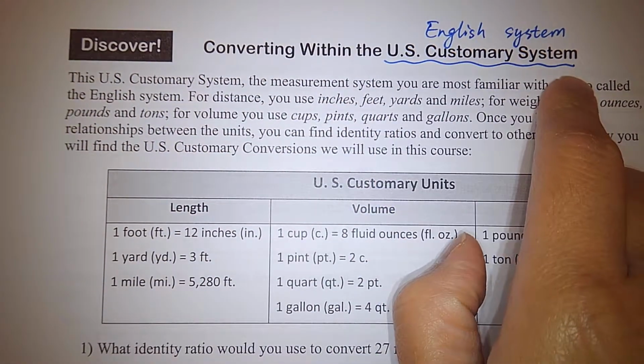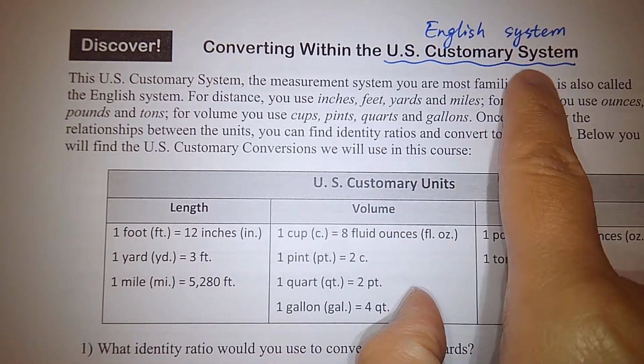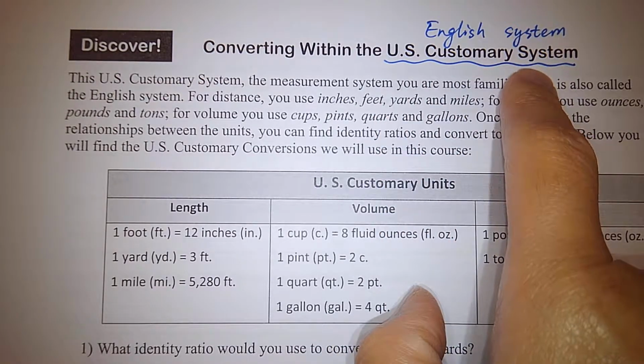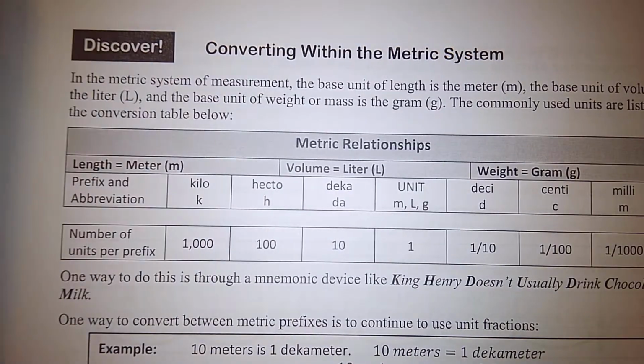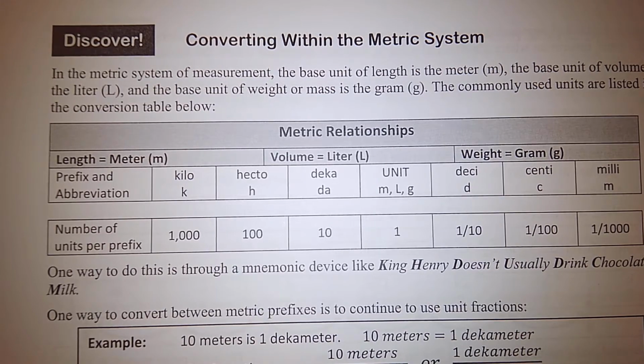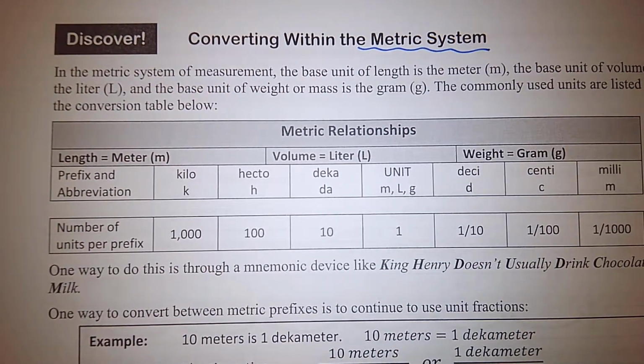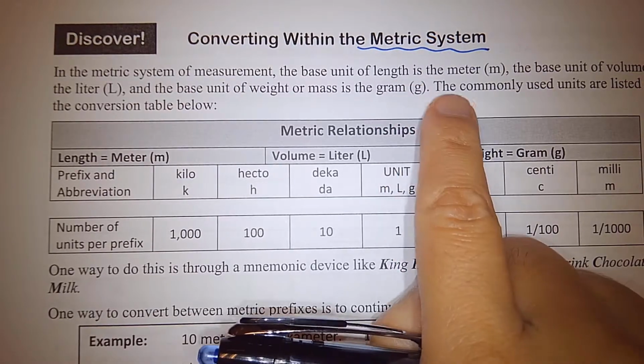The U.S. customary system is not the unique system in this world. There's another system, if we turn to page 161, called the metric system. A lot of other countries, like Asian countries and some European countries, are using the metric system.